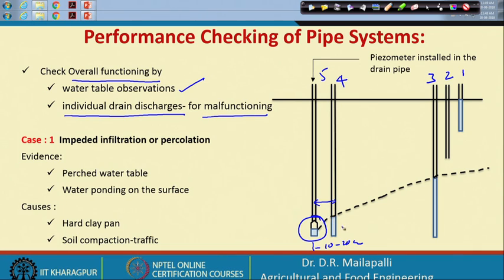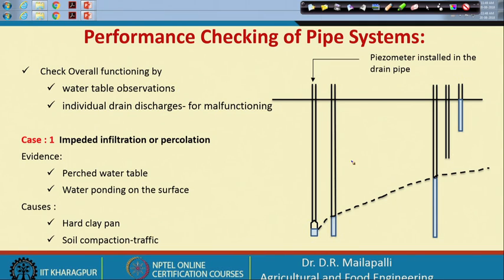The third is to capture the water table, the second the local water table, and the first is for checking whether there are any vertical flows. These observation wells are installed exactly in the middle between two drain points, or two tail drain points.